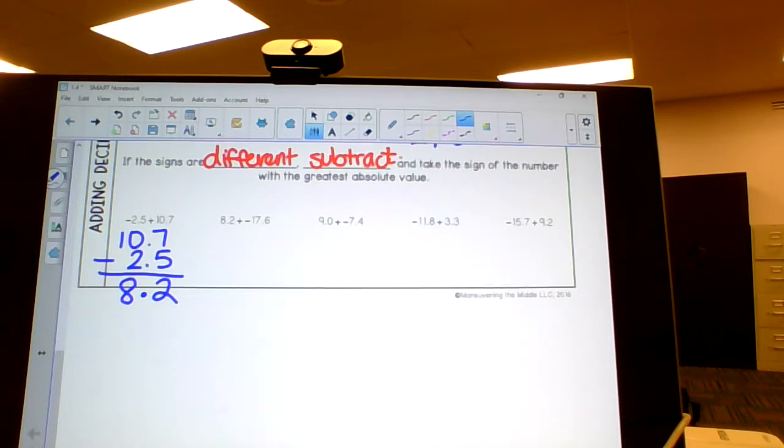Alright, let's look at the next one. 8.2 plus negative 17.6. They're different signs. So different sign, subtract. So I'm going to subtract the bigger number minus the smaller number.